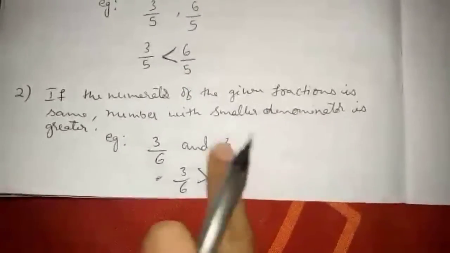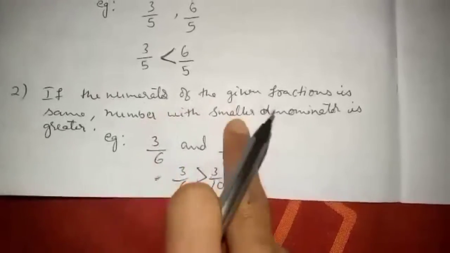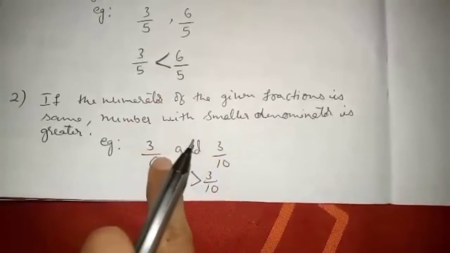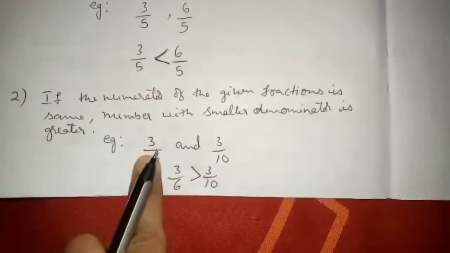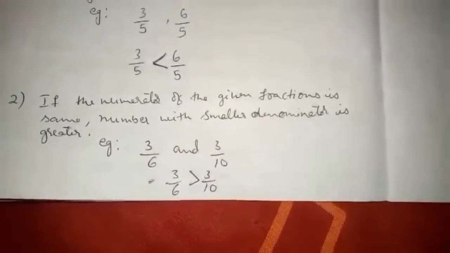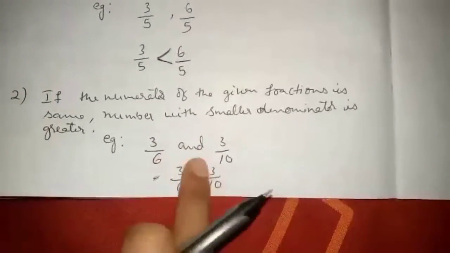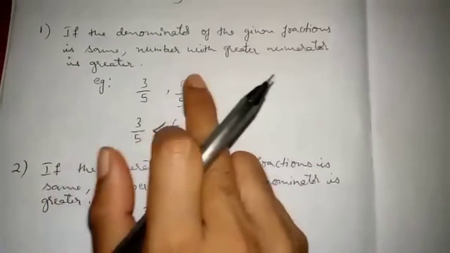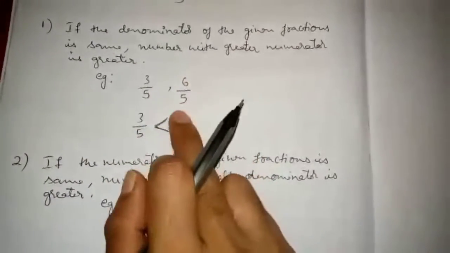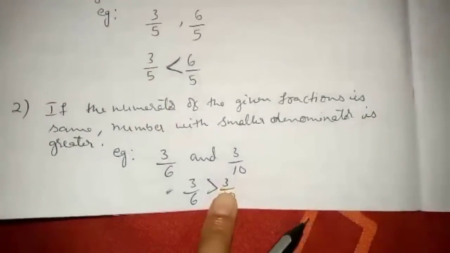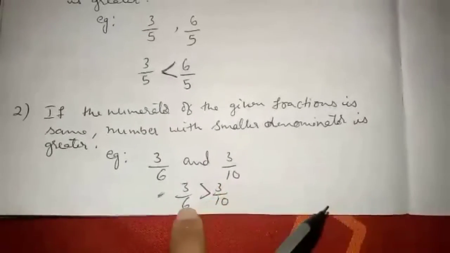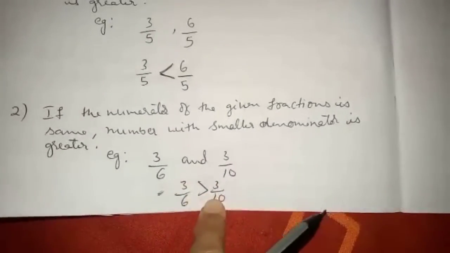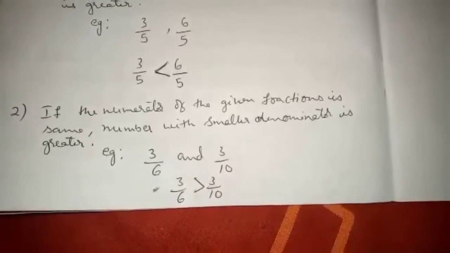But if the numerator is same, that time you have to look at the denominator. In that, the smaller denominator becomes the greater. Here it becomes reverse. In the first rule, the greater numerator becomes the greater fraction. But in the second rule, the fraction with the smaller denominator becomes the greater fraction.